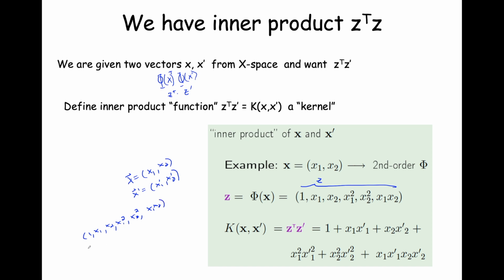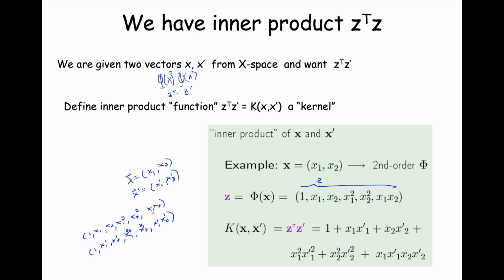That means Z prime is going to be 1, x1 prime, x2 prime, x1 prime squared, x2 prime squared, x1 prime x2 prime. Okay, so if we take the inner product between these two, what do we get?